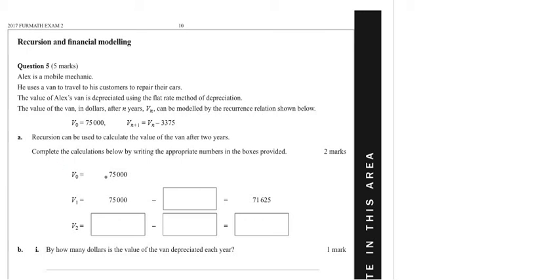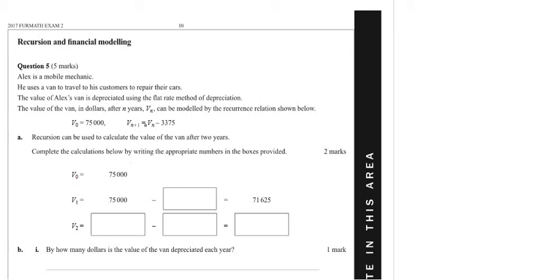I have V naught at 75,000 and V1 equals 75,000 minus something. What I need to do is find out the pattern of that, and I already identified that this is an arithmetic sequence, and we've been given the term Vn plus 1 equals Vn minus 3,375.